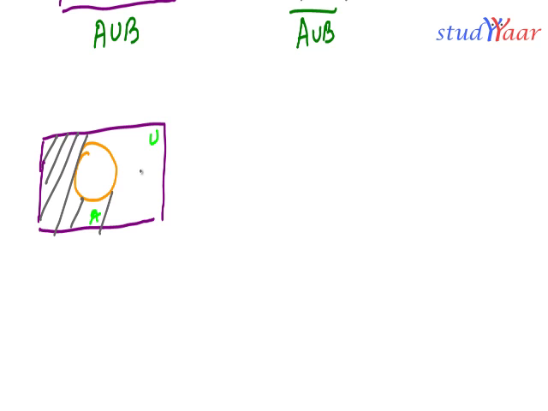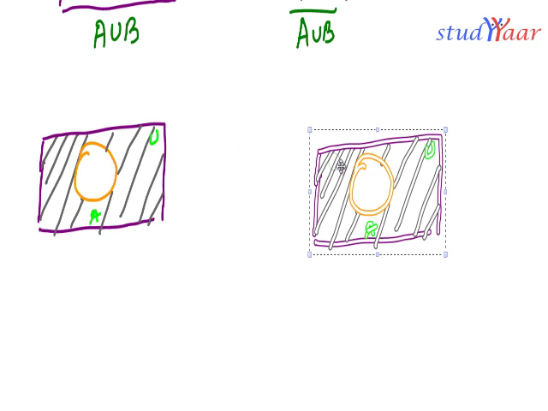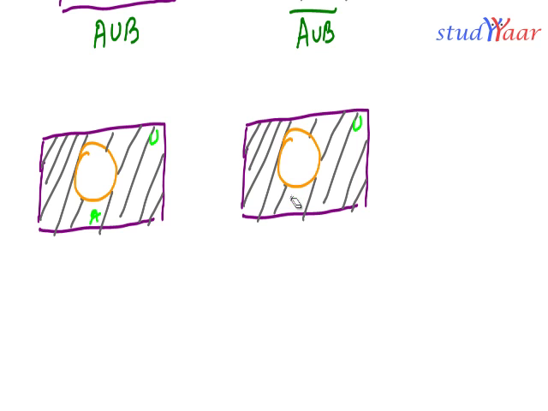It is the region outside of A. I'm just going to copy this and paste it over here, and let us suppose this is B. So your B complement is also going to be the same Venn diagram where this set represents B. So this is A complement, this is B complement.